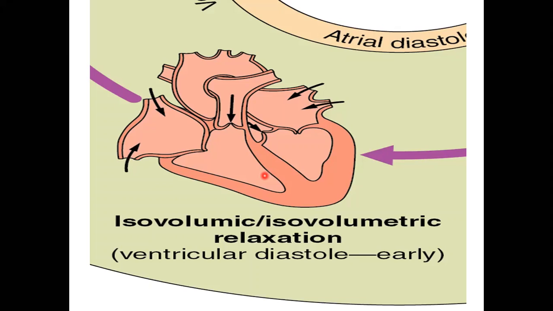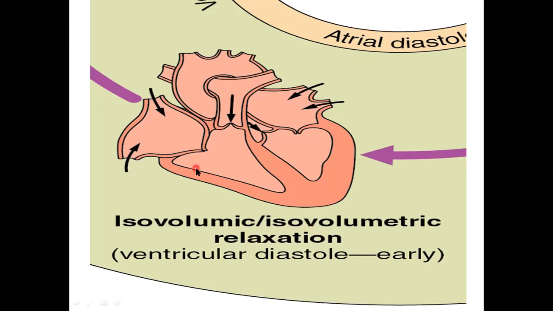Means it's a very small time in which this phase is there, and this early relaxation phase, or you can say ventricular relaxation early phase, is also called the rapid filling phase.